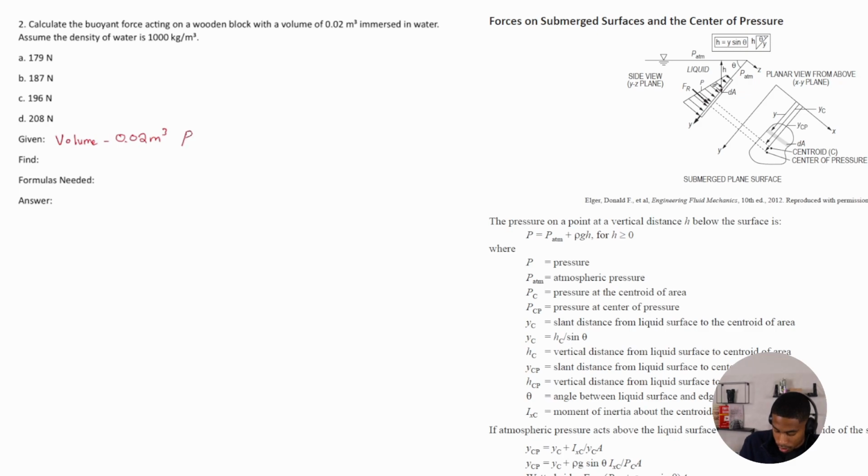We're given the density, which equals 1,000 kilogram per meter cubed. Okay. Anything else? No. What are we trying to find? Buoyant force.